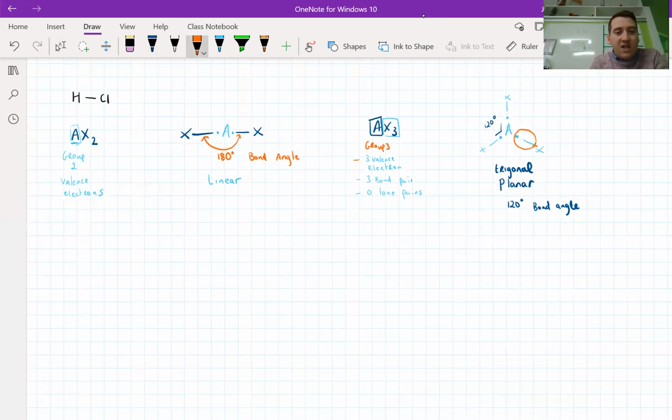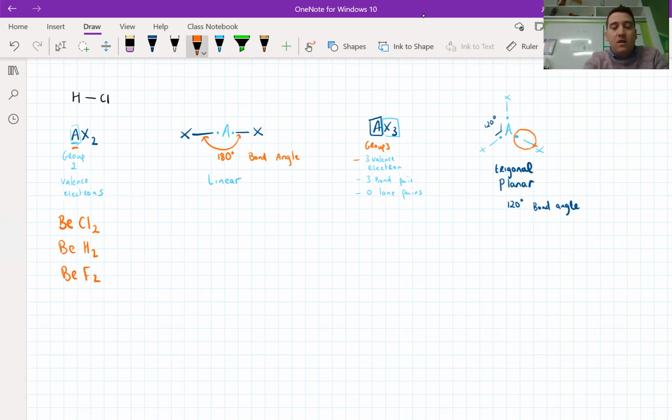So here we need A to be in group 2 elements. An example of this might be beryllium. And we need group 2 to form single covalent bonds, so pairs of electrons with 2 other atoms. Things that would do this would be chlorine. So this could be BeCl2, it might be BeH2, it might be BeF2, that kind of thing.